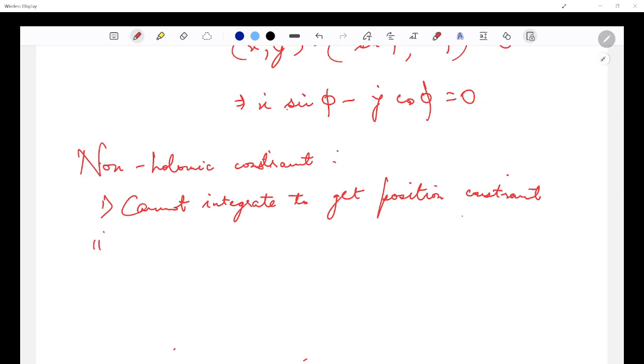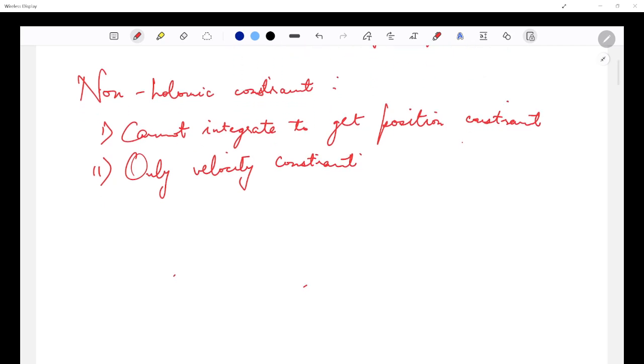We can only have a velocity constraint. Yeah. So at 0, 0, at the origin, can the wheel have any orientation? Yes, there are infinite possibilities. So the constraint cannot reduce the degrees of freedom.